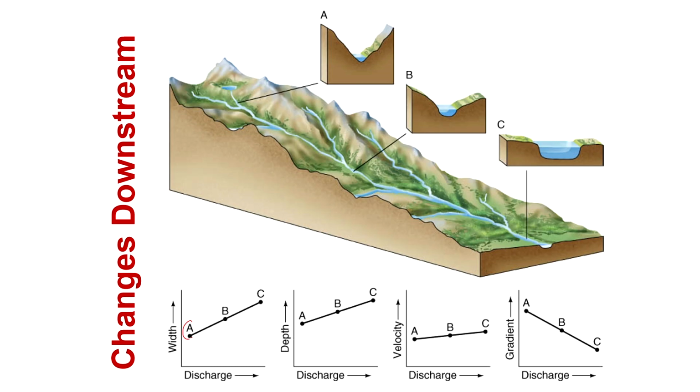So these are the points which have been given here, A, B, and C in all the graphs. If you increase the width, the discharge also increases from A, B, and C here. At the same time, if you have depth increase, it is a very similar effect as compared to the width.